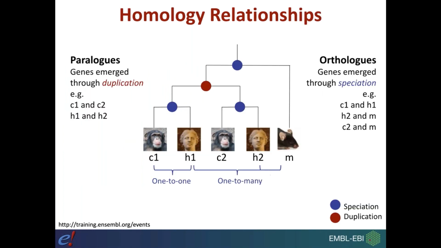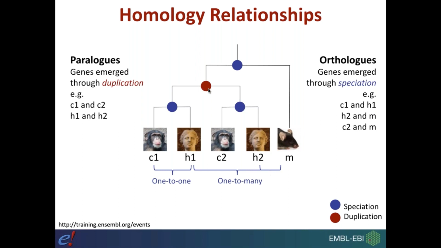Paralogs and orthologs are both homologs. This is the overarching term. Paralogs are defined as genes that emerge through duplication events. And in my little example here with a gene in chimpanzee, human, and mouse, there's one duplication event shown in red, and accordingly, the genes C1 and C2 and H1 and H2 are paralogs because they both emerged from this duplication event here.